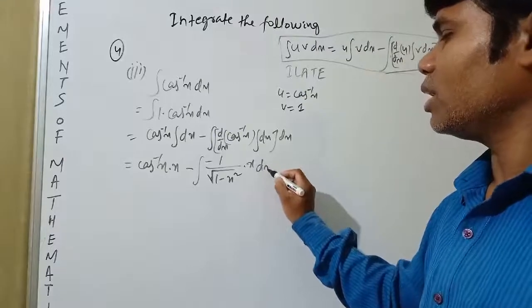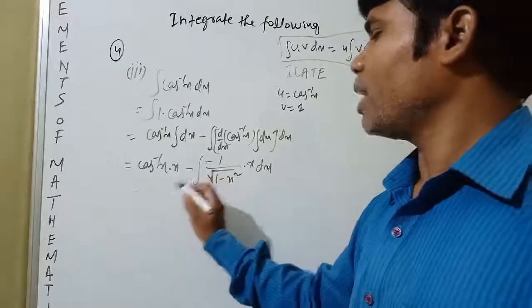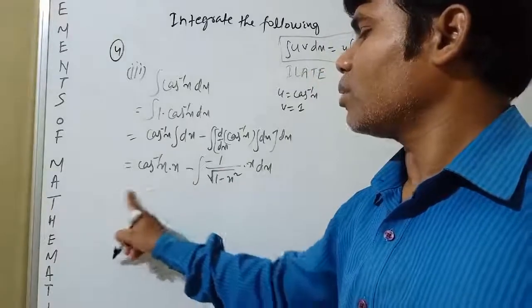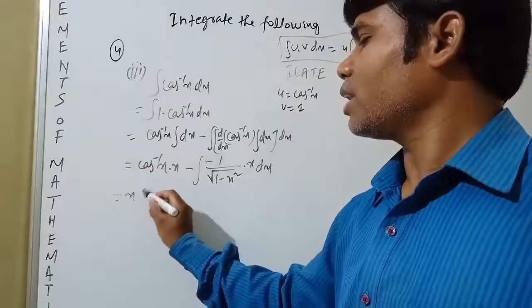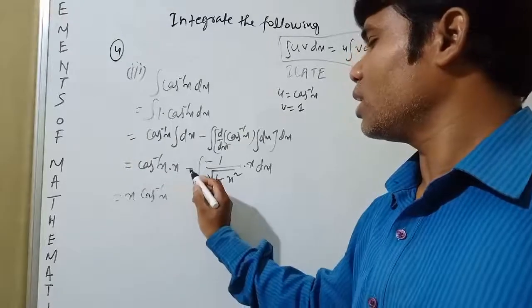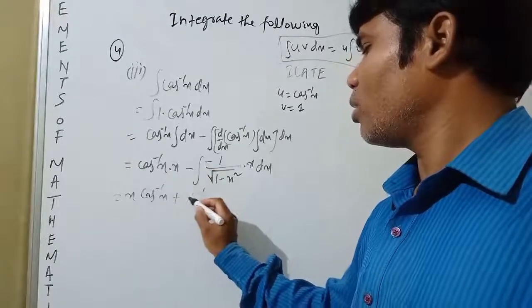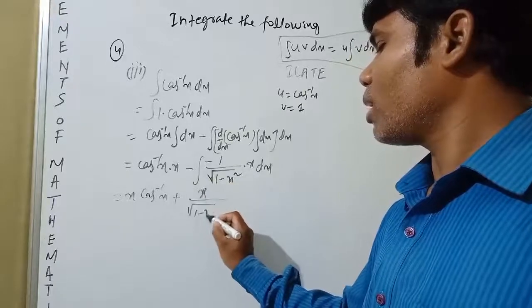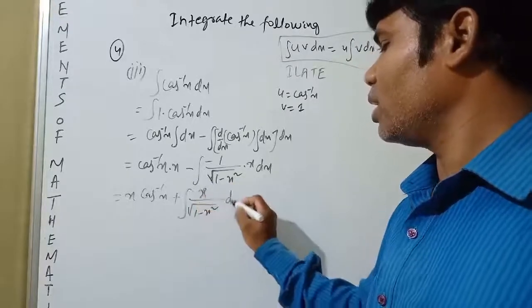Minus minus becomes plus, so you write here x cos inverse x plus the integration of x by root over 1 minus x square dx.